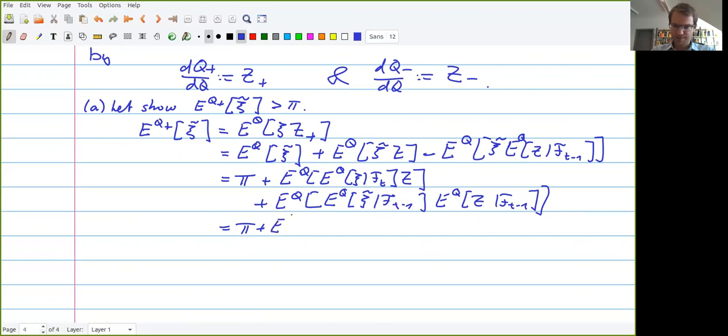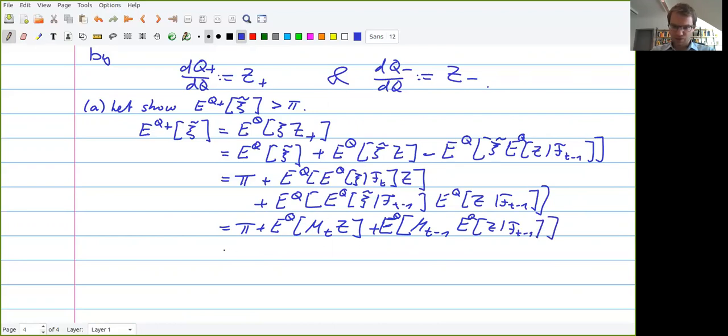So this is just M. I have the expectation under Q of M_T minus that, plus the conditional expectation of the Z minus T minus 1 given F_{T-1}.